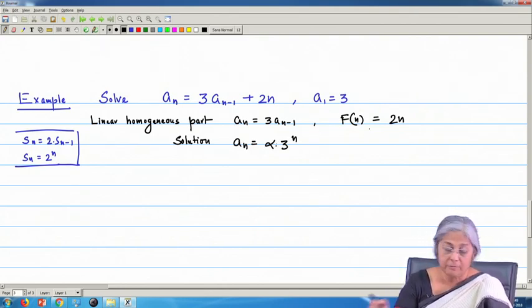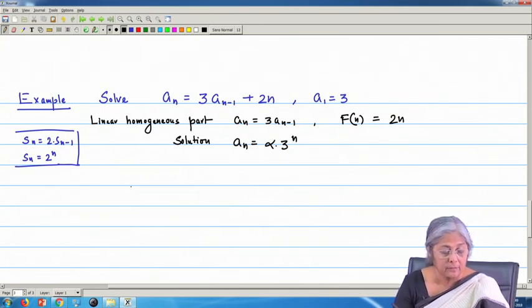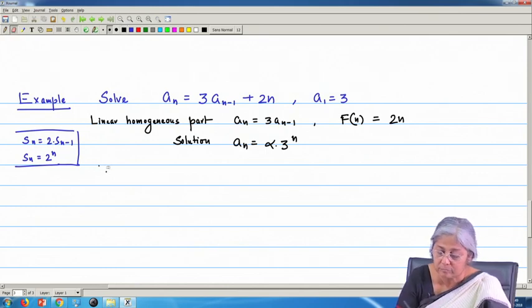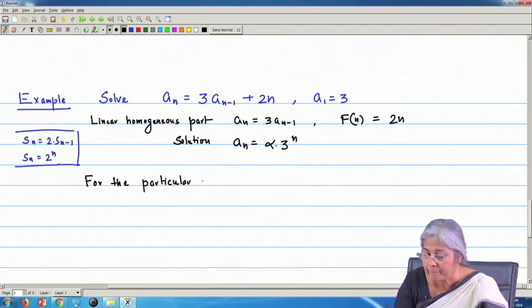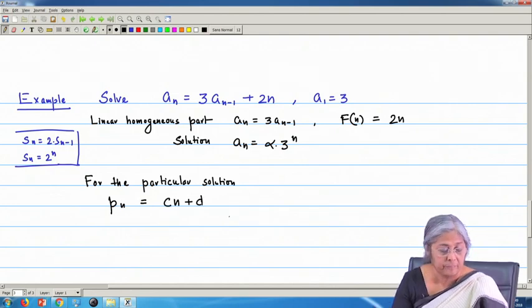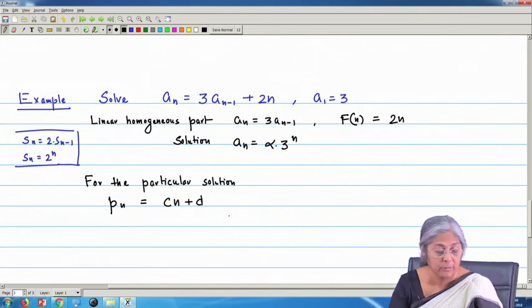Now, I have f n equal to 2n. So that I can write the particular equation. This is the linear homogeneous part, and for the particular solution I can write p n equal to C n plus d, because it is 2n simply.